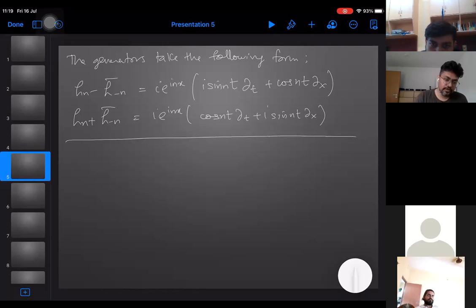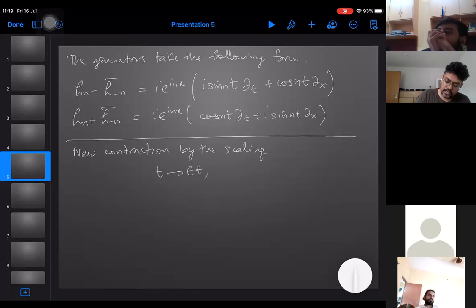What we will do now, we will define a new contraction, in contrast to what we have done before yesterday, by taking the scaling t goes to epsilon t and x goes to x, with epsilon tends to 0.